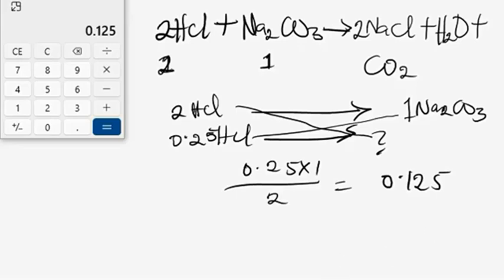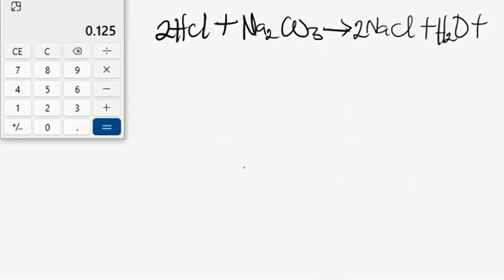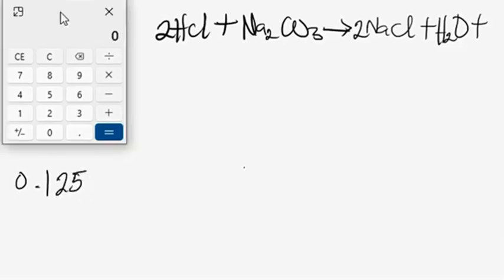So let's wipe this area. So now that we've gotten the number of moles for sodium trioxocarbonate, we can just write it down somewhere. You just write it down here, and that's 0.125 moles. So the next thing we are going to do here is, in the question they said if 15.0 cm cube of the solution requires 12.50 cm cube of aqueous sodium trioxocarbonate.